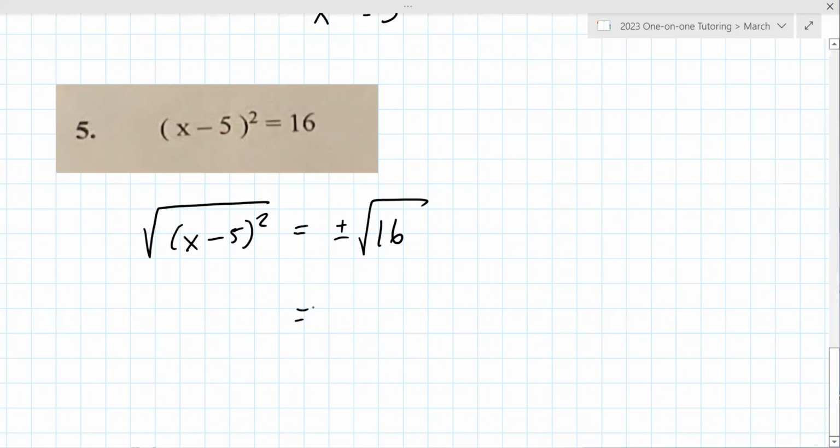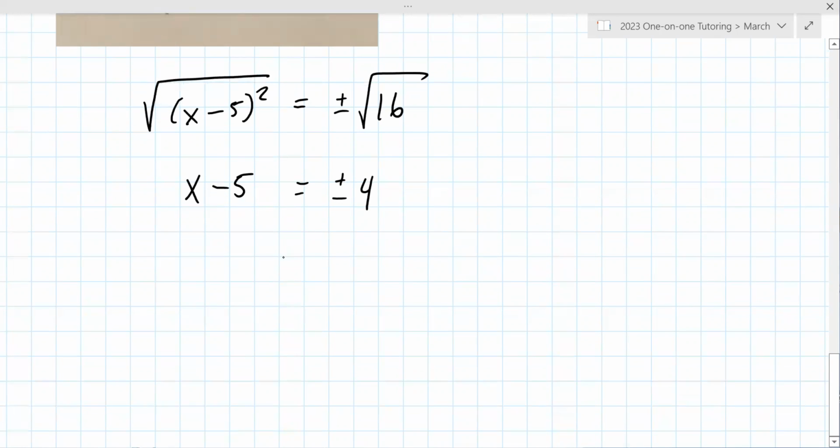What does the square root of 16 become? Positive or -4. Good. And the left, it's x minus 5. And this is where it's 2 cases, kind of 2 forks. You've got the positive one, x minus 5 equals positive 4, x minus 5 equals -4.